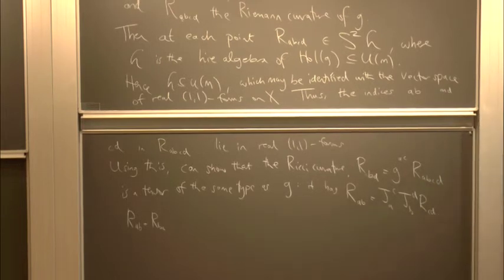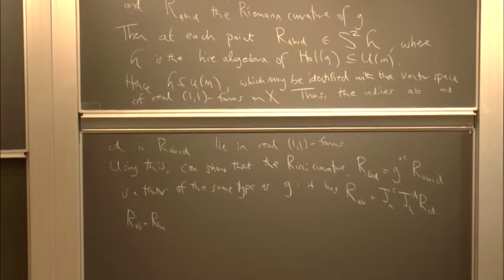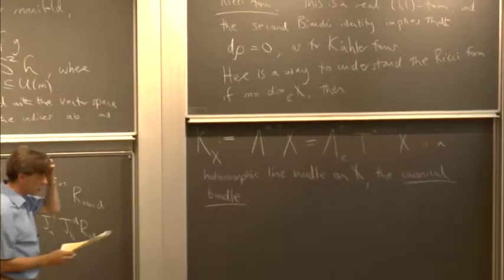We could also write it as Lambda^m_C of the bundle of (1,0) forms on X. So this is a holomorphic line bundle on X called the canonical bundle. It's something which is very important in algebraic geometry.